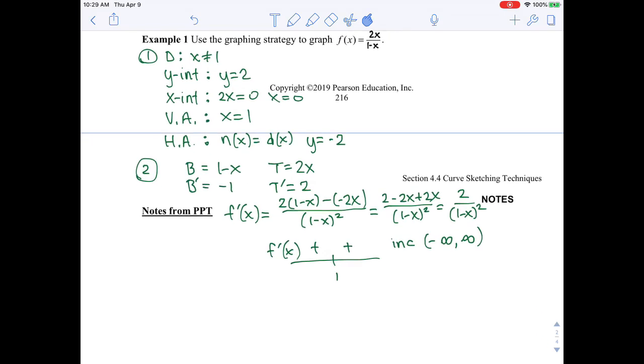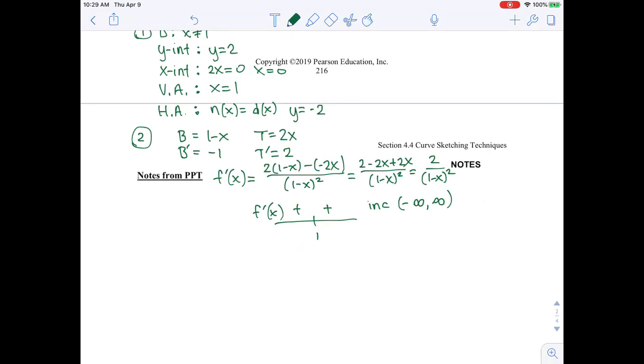Second derivative. Second derivative is the derivative of the first. So we have our bottom and our top.